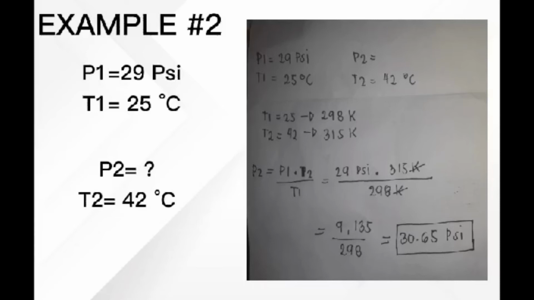So we have 29 psi multiplied by 315 Kelvin over 298 Kelvin. Cancel out the Kelvin and multiply 29 and 315. We have 9,135 over 298. We have the final answer, 30.65 pounds per square inch.